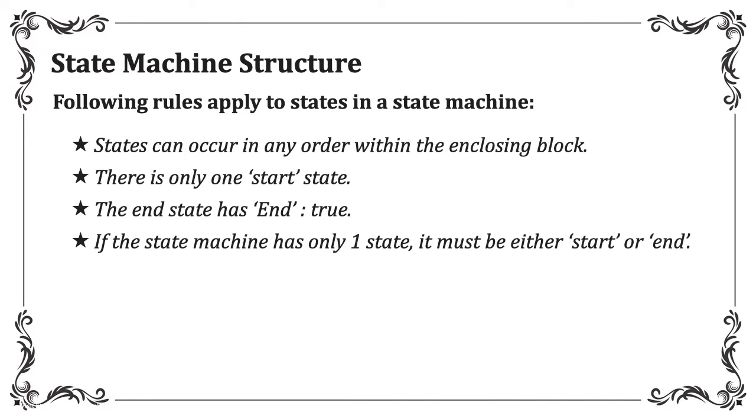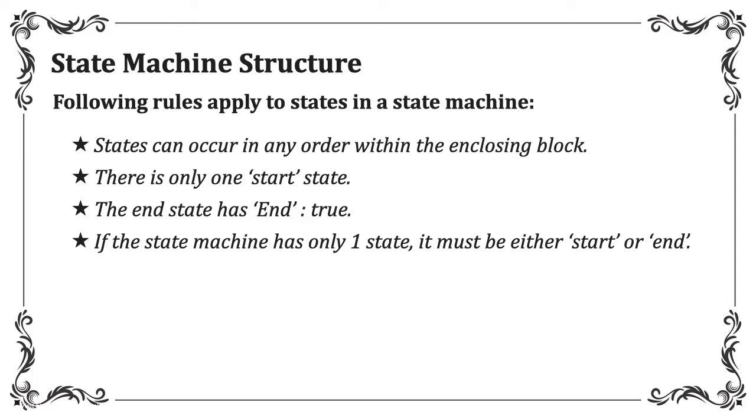The following rules apply to states within a state machine. The states can occur in any order within the enclosing block, but the order in which they are listed doesn't affect the order in which they are run. The contents of the states determine this order. Within a state machine, there can be only one state that is designated as the start state, designated by the value of the StartAt field in the top level structure.